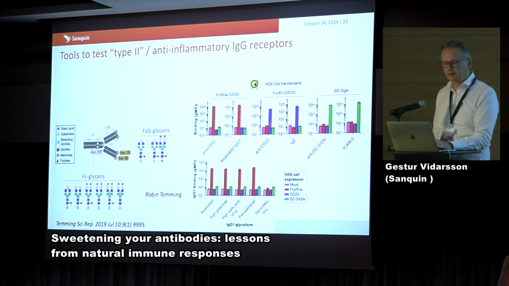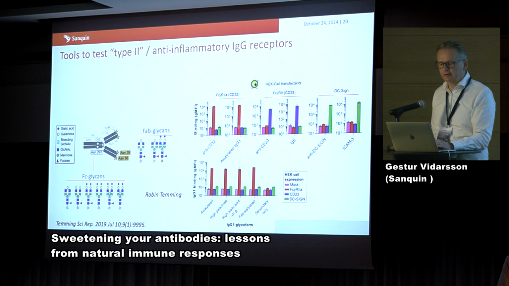The receptors are indeed expressed, and they bind their ligand: Fc gamma receptor 2 binds IgG1, Fc epsilon receptor or CD23 binds IgE as expected, and DC-SIGN binds ICAM3, which is a known ligand for DC-SIGN.